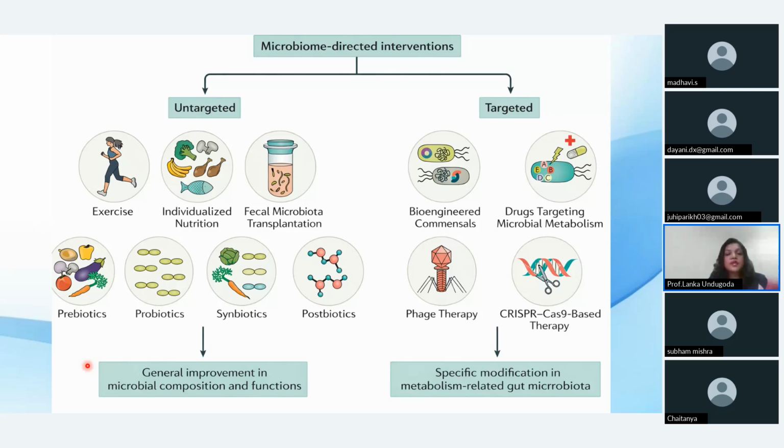When it comes to improving, I would like to divide it into two categories. The first one is untargeted improvement, and we can also go for targeted improvements. The doctor's recommendation is to exercise more.